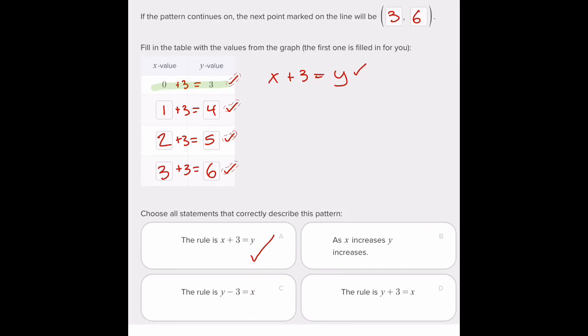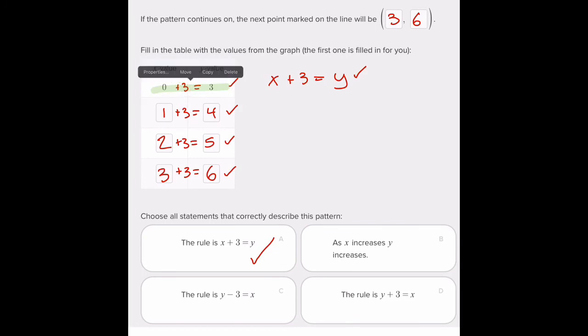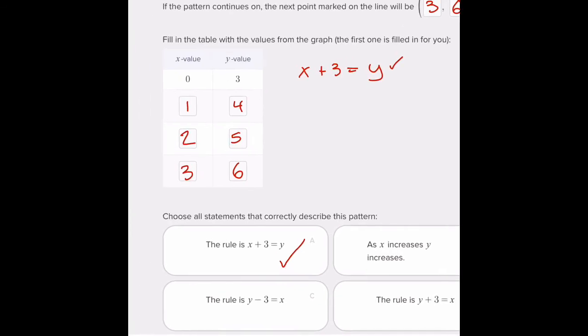As x increases, y increases. So I'm just going to reset my table here. So what that means is, as my x value goes up, does the y value also increase?